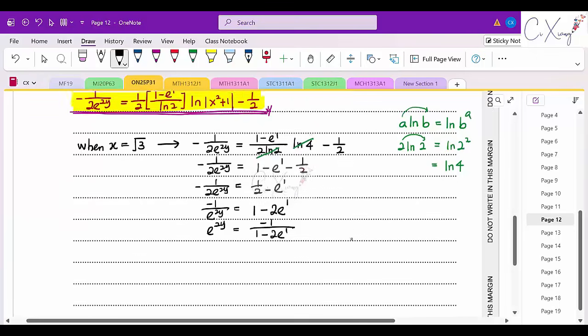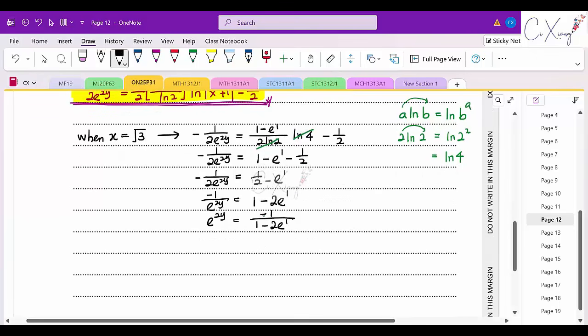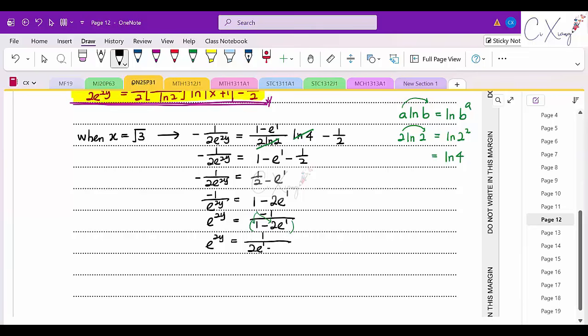Alright, so again, this negative on top, I don't like it to be in this way. So I want to multiply this negative into the bracket for both terms. Negative here, negative inside the second term. And now, if I rewrite again, I'm having e power 2y equals to 1 over 2e power 1 minus 1.